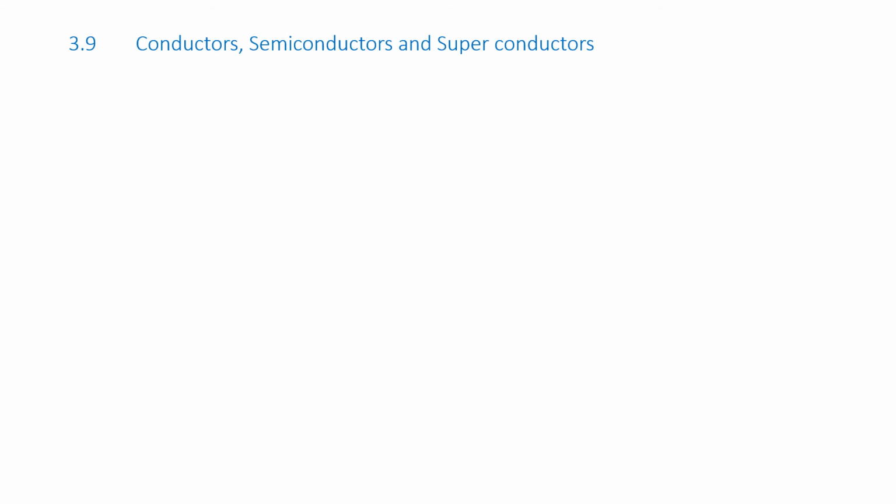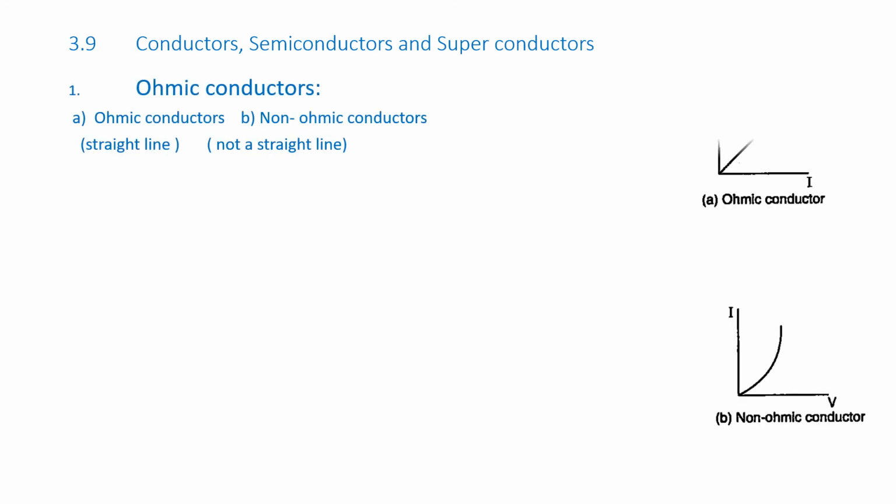We have broadly glanced through the properties of conductors, semiconductors and insulators. There are some other materials called superconductors. Conductors are ohmic conductors. Ohmic conductors are of two types. One shows the characteristic curve of V versus I as a straight line, indicating voltage is proportional to current.